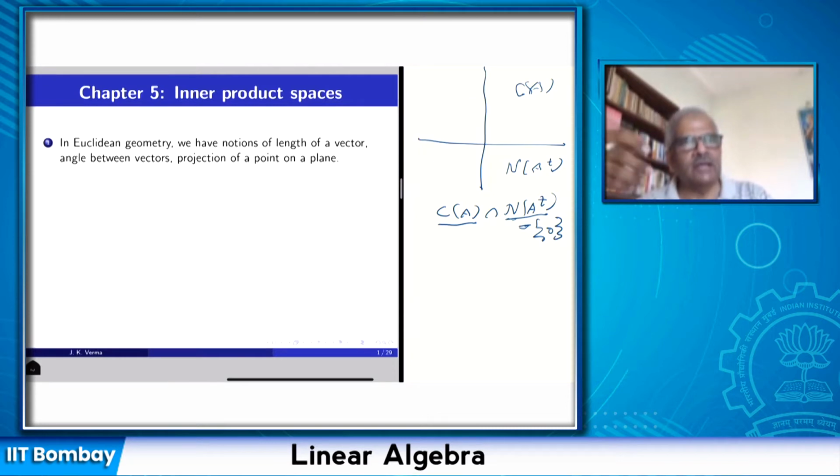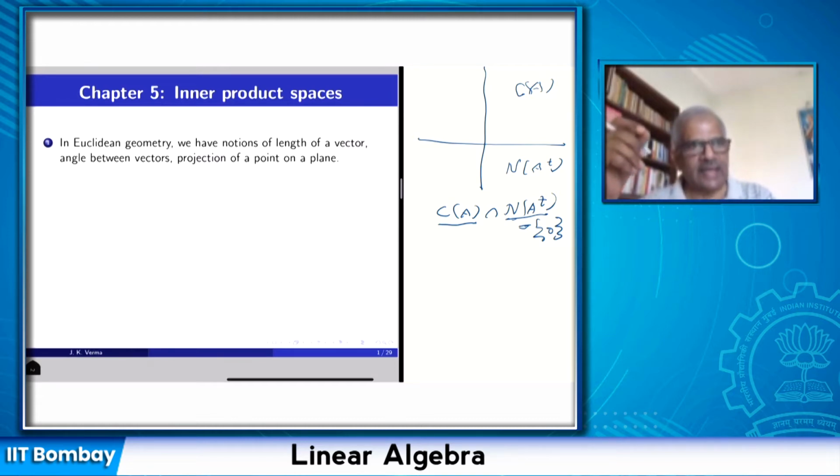So we need to decompose vectors as a sum of two perpendicular vectors, or a sum of three mutually perpendicular vectors in R3, etc. So in vector spaces, we want to now introduce geometric notions, and that is made possible by introducing a concept called inner product, which is analogous to the dot product.